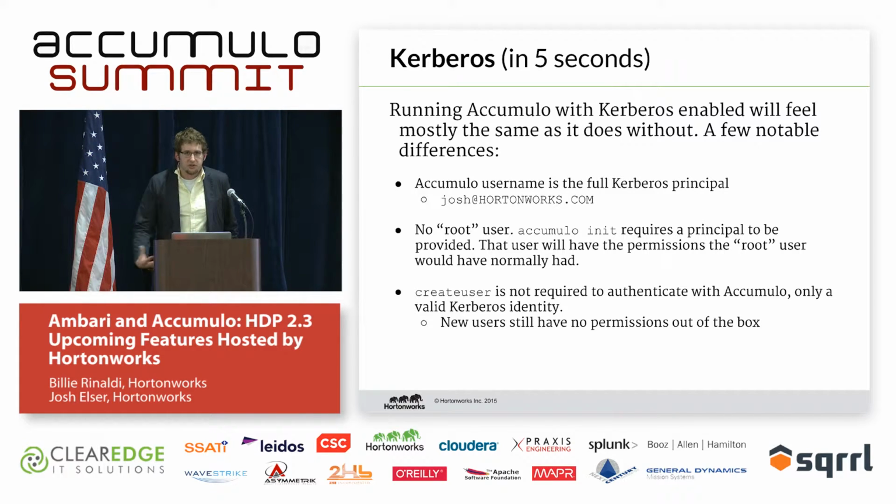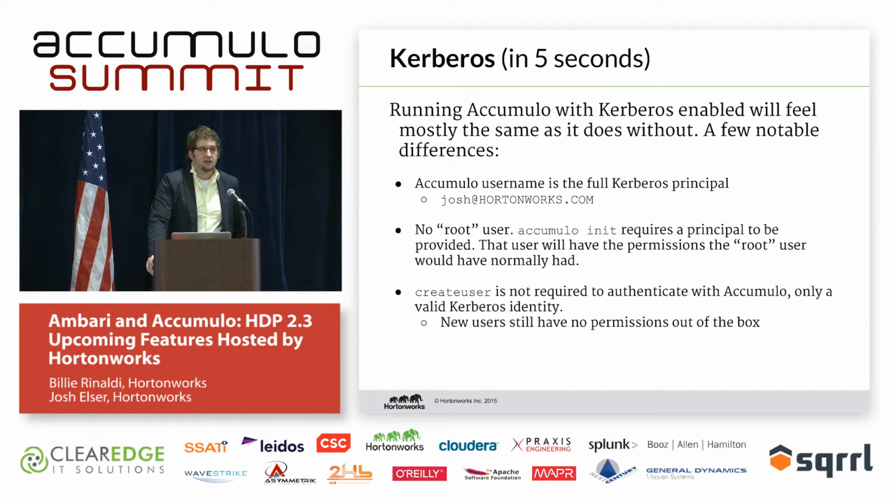Functionally, when you're actually using this, you'll see a few differences. One decision we made, which I have later found out is a little bit different than what some of the other components in the Hadoop ecosystem do, is that we actually use the full Kerberos principal. So in this case, username Josh, myself. You can have an optional instance here, which is a specification that this principal is only valid on a specific host.